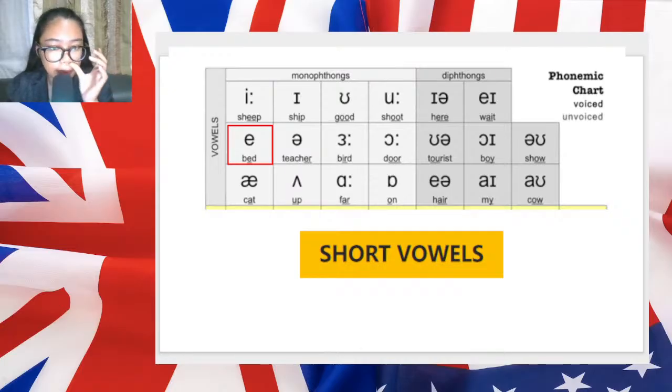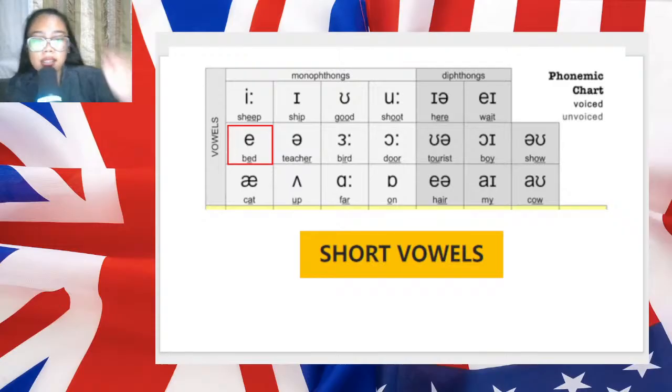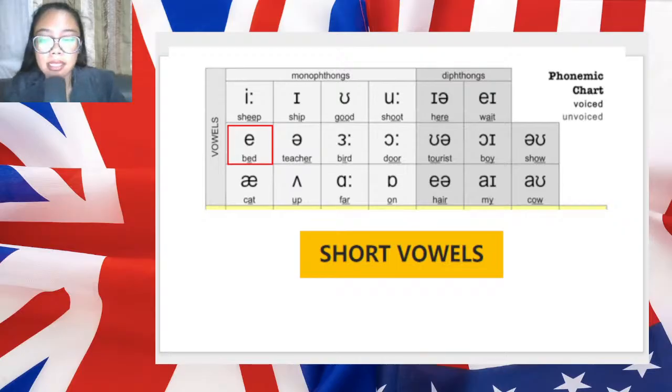For the tongue position, your tongue is relatively flat in the middle of your mouth, and the front part is just below where it was for the previous sound. And of course, it's still relaxed. For the feeling, it's the same as before. It's quick, but it's a clear sound. Think of the beginning of the word elephant. Something like that. So let's try it. Say the sound eh.